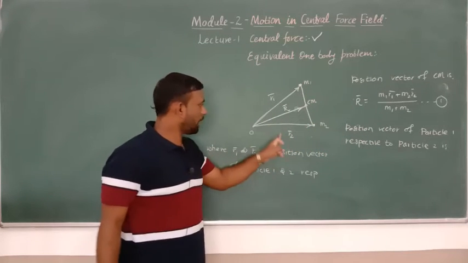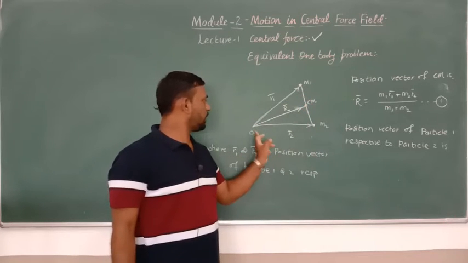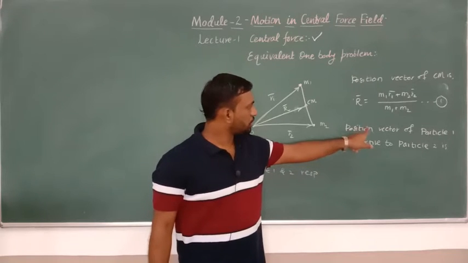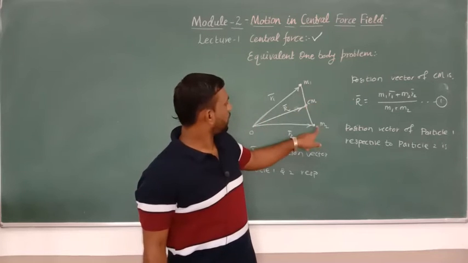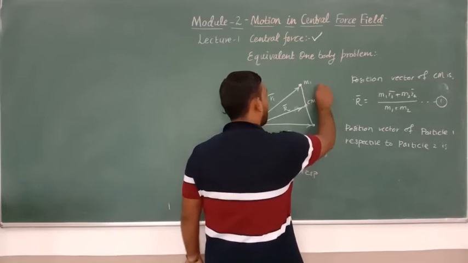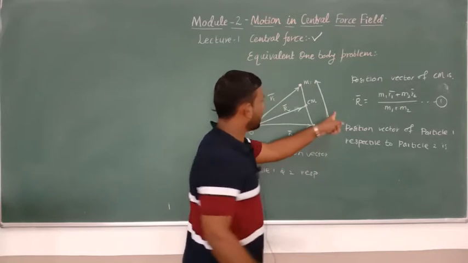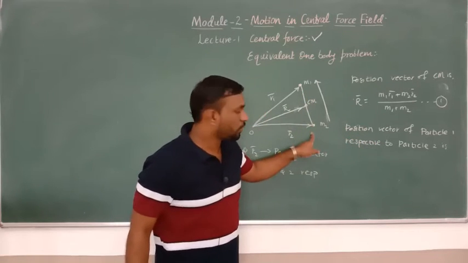Since r1 and r2 bar are the position vectors of m1 and m2 with respect to origin O. But suppose I want to find the position vector of particle 1, that is m1, with respect to particle 2. It is this distance, this vector, which denotes the position vector of particle 1 with respect to particle 2.